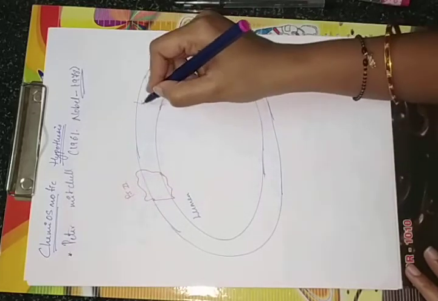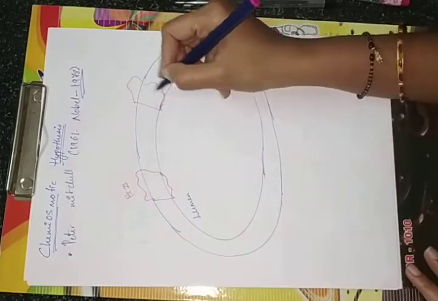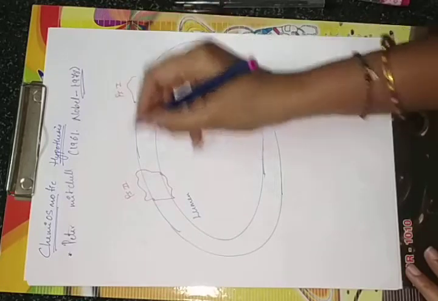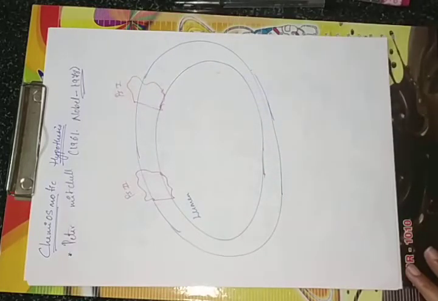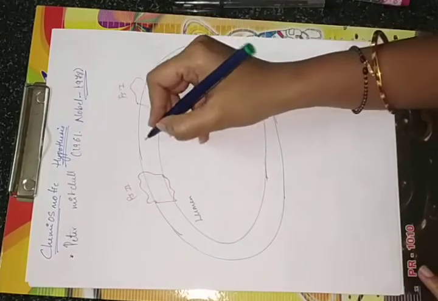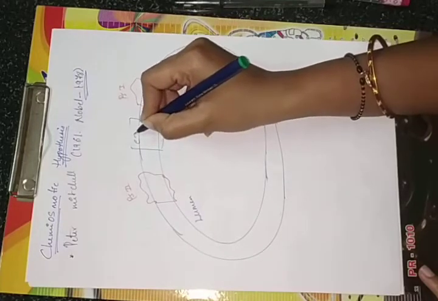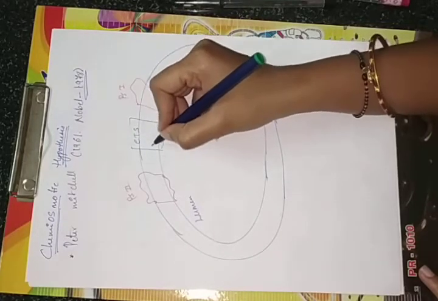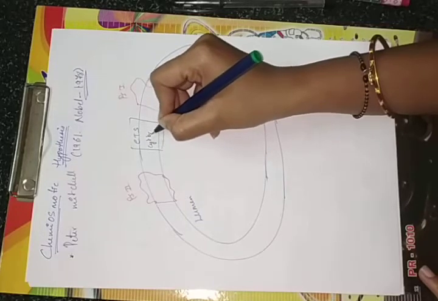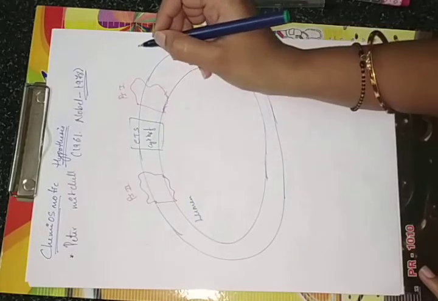That system is called what? PS2. And then here there will be the presence of PS1, and here there will be the presence of the electron transport system, that is cytochrome B6F, isn't it?